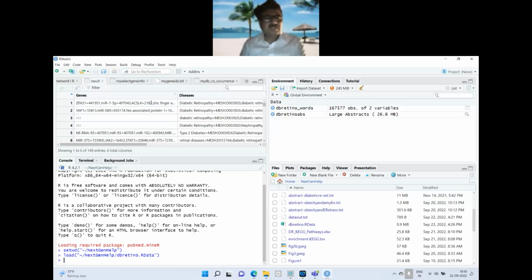So we start investigating with a function called give sentence.